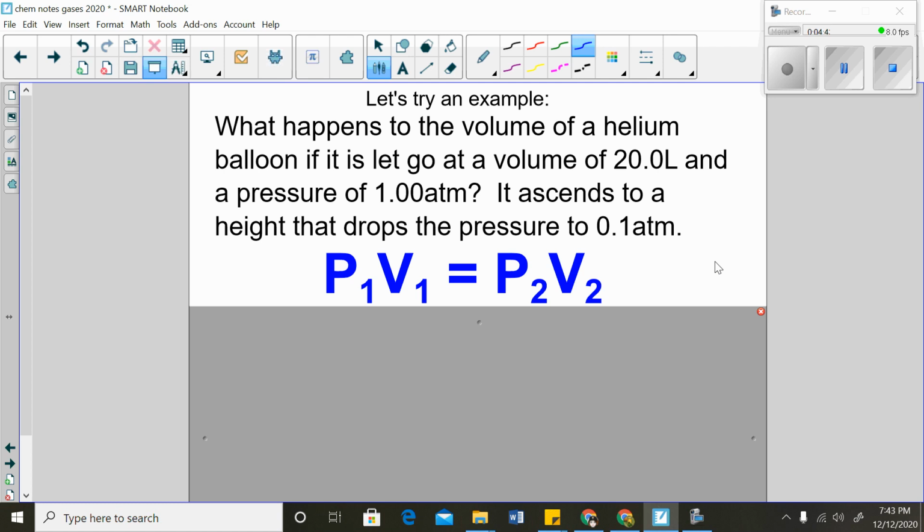What you need to understand is, what do you know about the balloon to begin with? And do you know anything else once you've changed the conditions of that balloon? You let it go. So what's the balloon like to begin with? Well, it's got a volume of 20.0 liters and a pressure of 1.00 atm. That's your initial condition. That's your P1 and V1. And then what happened?